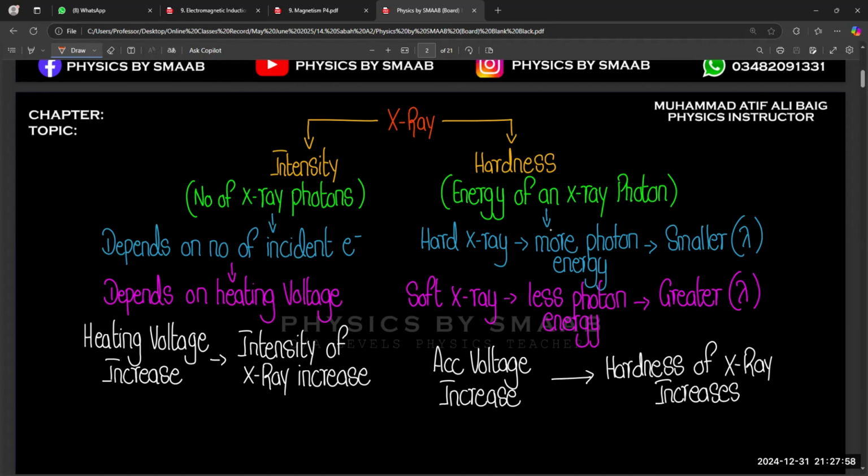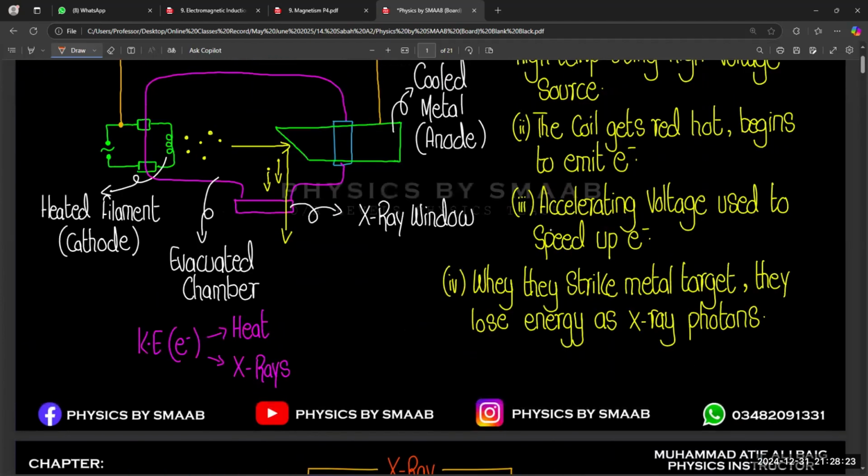And if you remember the concept of the electromagnetic spectrum, from that you can compare wavelength, and that will give you the idea of energy, because as we discussed, we use the formula E equals hc over lambda to compare energy. For X-rays, the wavelength range is from 10 to the power minus 8 to a maximum of 10 to the power minus 6.